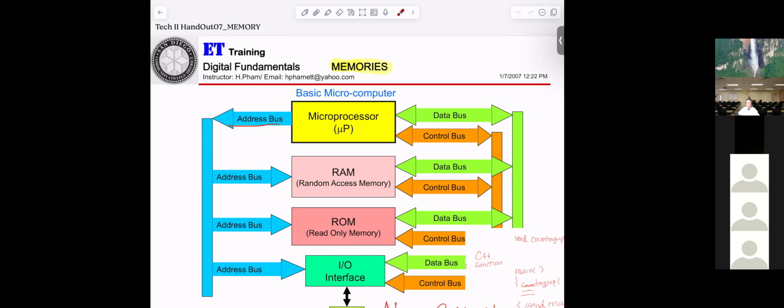Okay, then the printer will have to return to the CPU to let the CPU know, are you ready or not or whatever. Okay, that will go to the control.